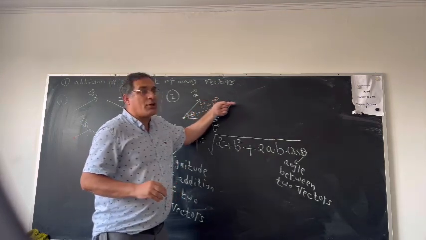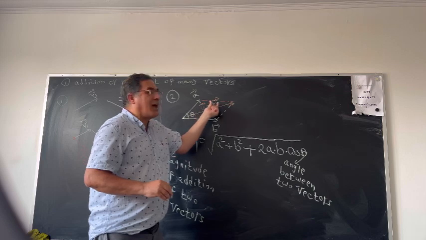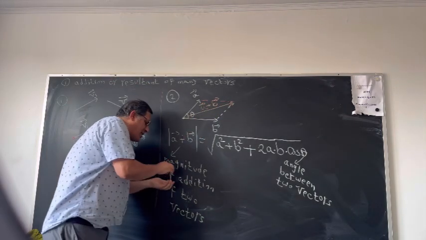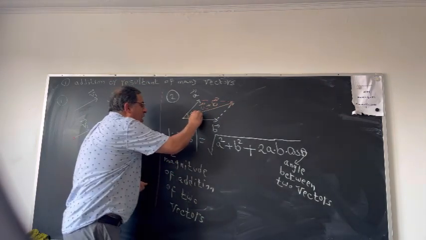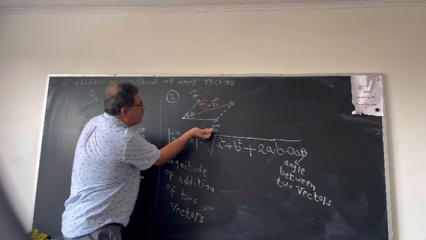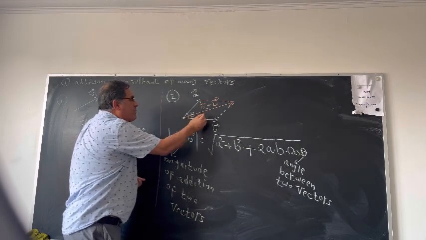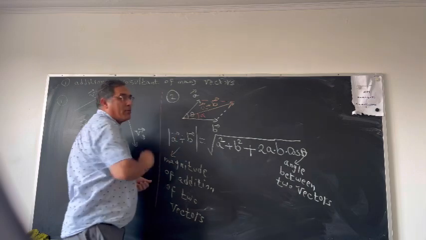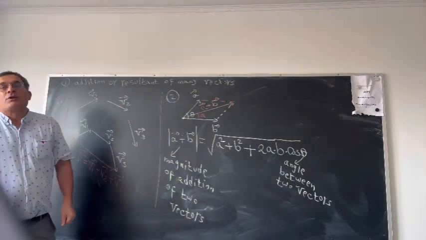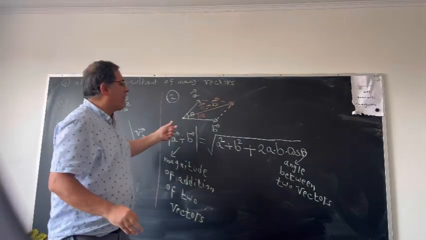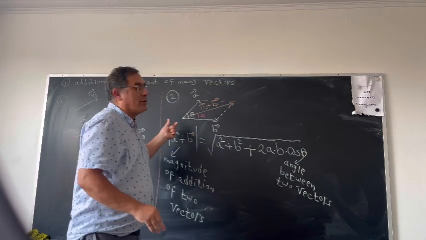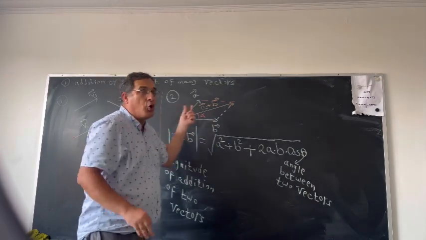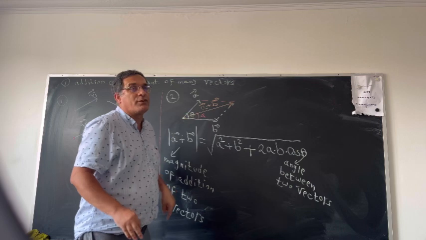Another thing always coming in the test on this concept: the resultant of vectors A plus B. How much angle does it make with one of the two vectors, A and B? You want to find alpha. The question mentions you have the magnitude of vector A and the magnitude of vector B, and the angle between the two vectors is given.